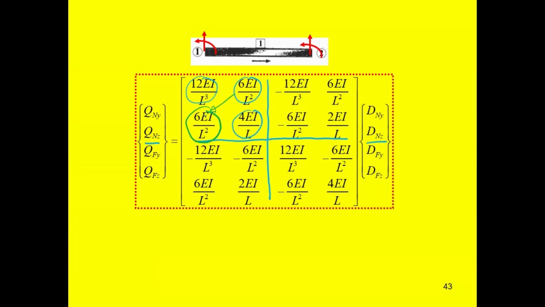So you get the first partition. You copy everything from the first partition, this one, this one, this one, and this one, and then you apply negative over here and negative over here. The difference between 1,1 and 2,2 is only the negative.